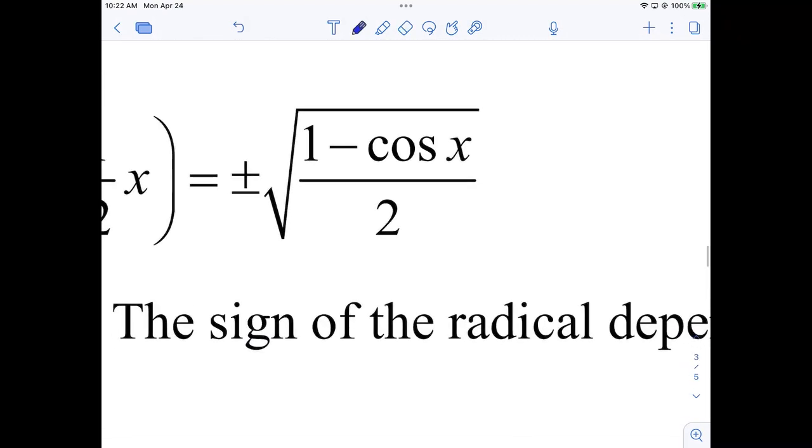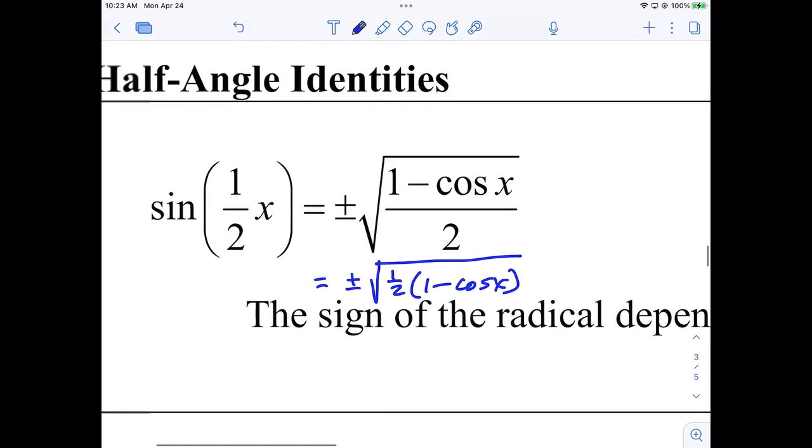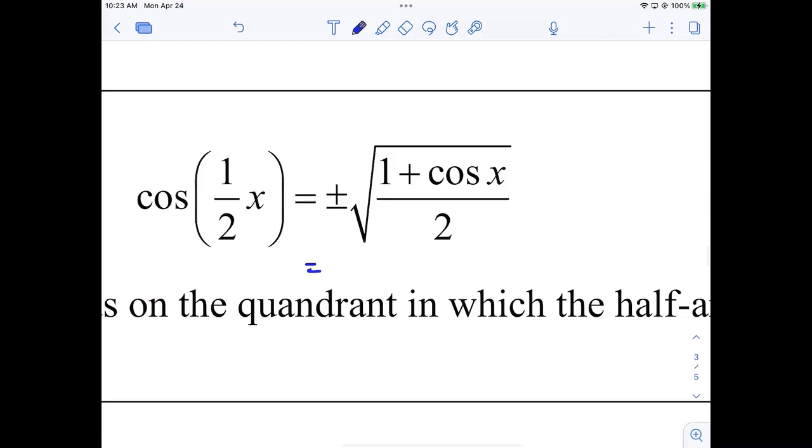Or I like to write it like this: plus or minus the square root of 1/2 times 1 minus cosine. The sine one again gets the minus sign. The cosine one gets the plus sign. It's plus or minus the square root of 1/2 times 1 plus cosine.